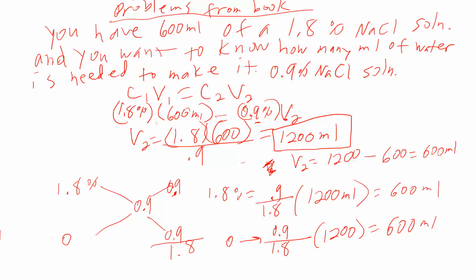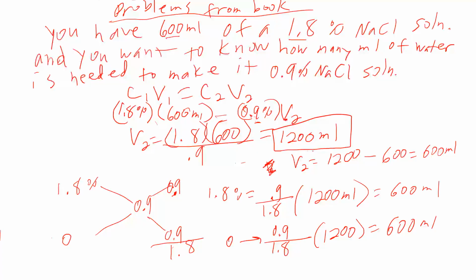Okay, so when you look at the problem, we see that there's 600 mils of a 1.8%, but we don't know yet how much is the total volume. If we put this in here, we see that the final concentration of 0.9% is 1200 mils, then that's the total quantity.